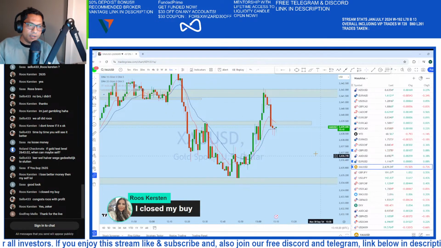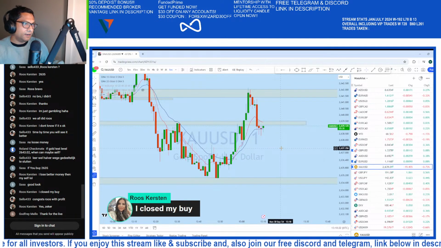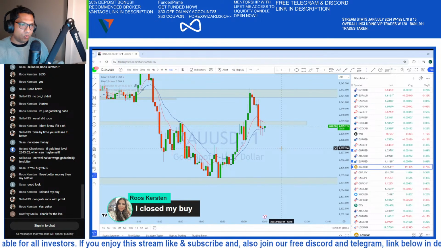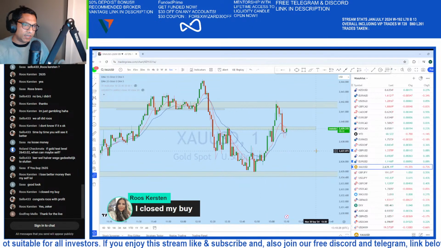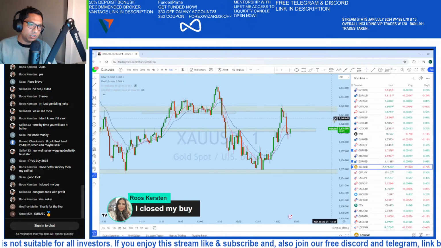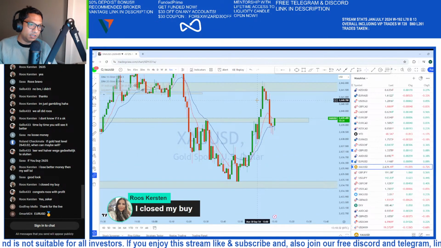We can see here from the 1 minute again XAUUSD, after this bounce, it's again breaking below to see where the market is heading.